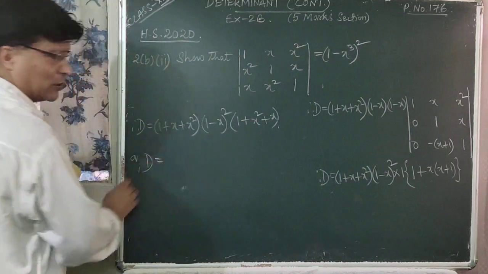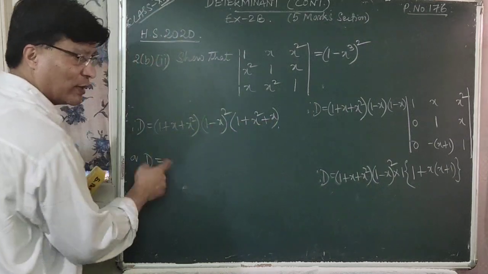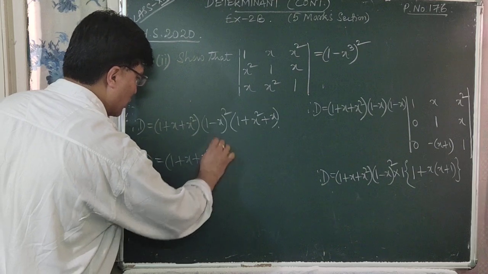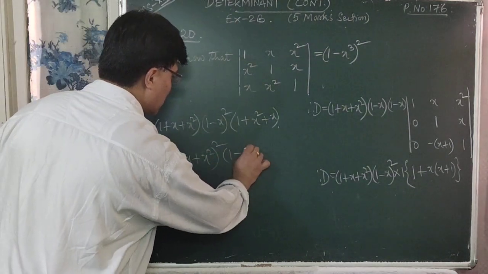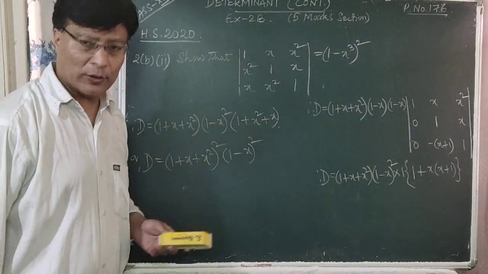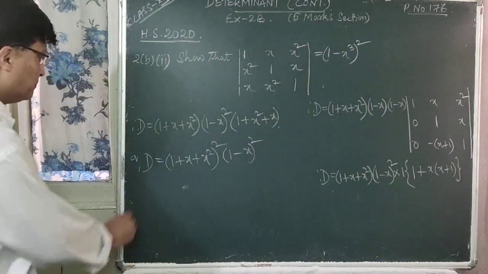Or D is equal to, this is 1 plus x square, this is also 1 plus x square. What is the product? 1 plus x square whole square. Is that clear? Next one is, this is 1 minus x whole square. So both are within whole square. But you have to prove 1 minus x cube whole square, right?